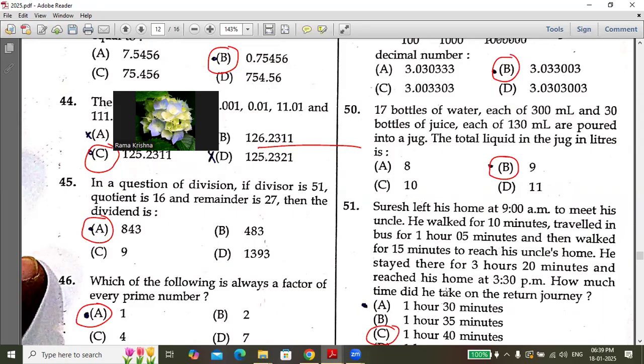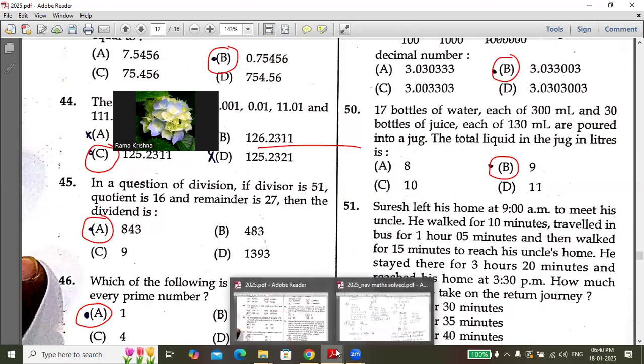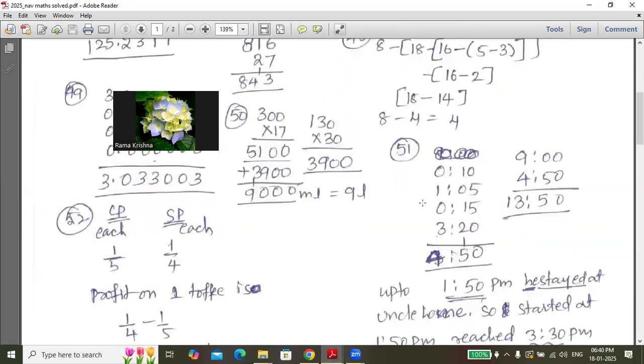So after 9, 1 hour 30 minutes of travel, he stayed at his uncle's home for 3 hours 20 minutes. So the total time from starting at 9 o'clock was 4 hours 50 minutes.